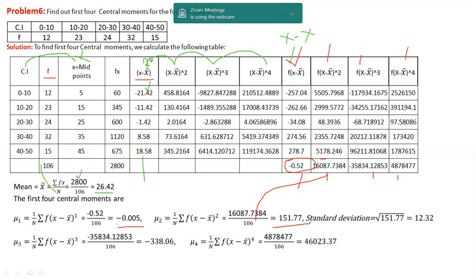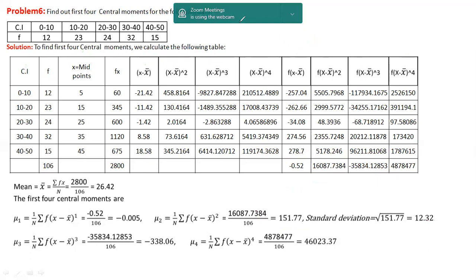If you want the standard deviation, take the square root of 151.77, which is 12.32. Similarly, taking the third column sum and dividing by 106 gives the third moment, and the last column sum divided by 106 provides the fourth moment.